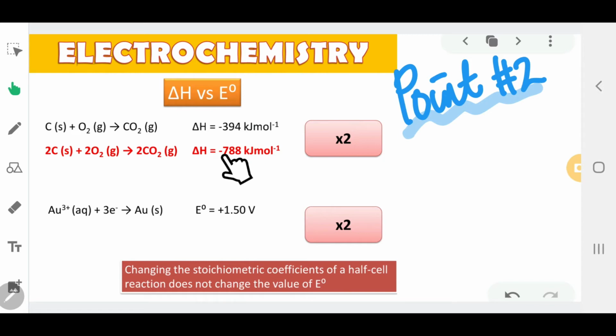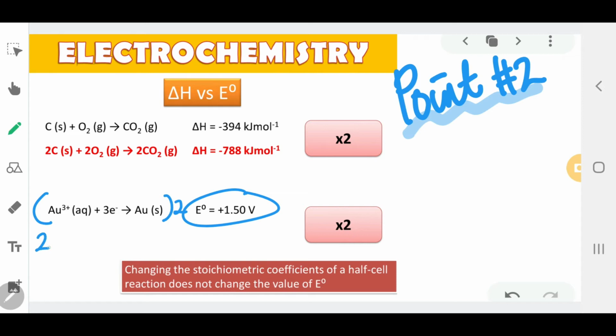It will be different if you compare with your standard reduction potential. Let's say we multiply by 2. The only thing that you multiply by 2 is the reaction equation, but not the E naught value. So if you multiply by 2, you only multiply here, but that one will remain.